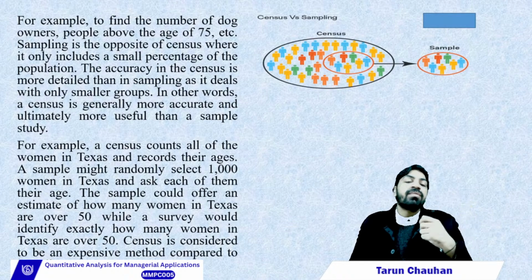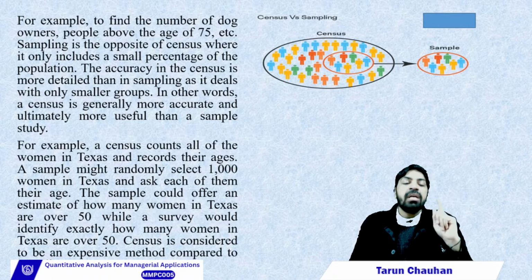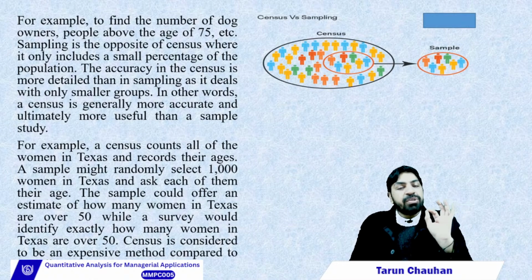So the sample does not give you an exact or accurate calculation, but the census will, as it is more useful than the sample, because a sample does not include the entire population. Census will include the entire population, but a sample will not, and that is the main difference between census and sampling.